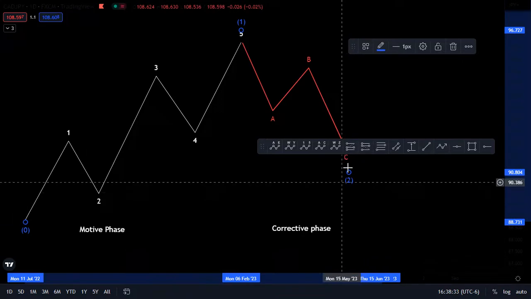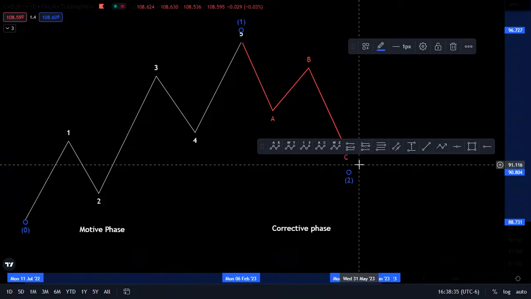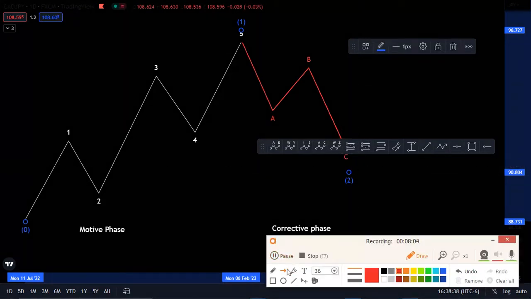So if wave 1, wave 3 and wave 5 are under the motive mode, they are made up of 5-wave structures, which is the 5-wave pattern.